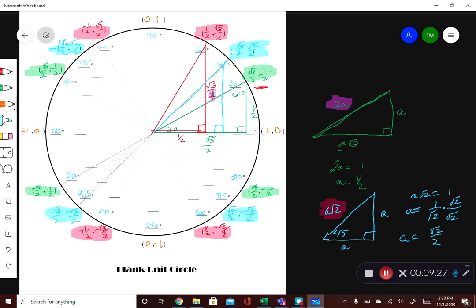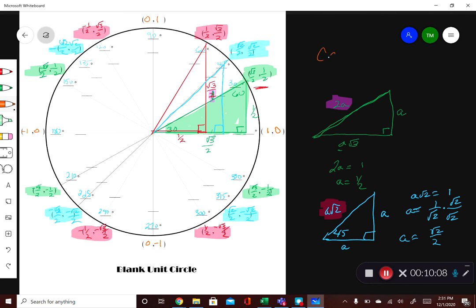Now, just to go ahead and give you a glimpse into how this works with the trig, because remember in your SOHCAHTOA that the sine is opposite over hypotenuse and cosine is adjacent over hypotenuse, you can even look at this very first triangle that we did, this one, and think about the fact that for that 30-degree angle, the opposite is the square root of 3 over 2, and the adjacent is 1/2 and the hypotenuse is 1.